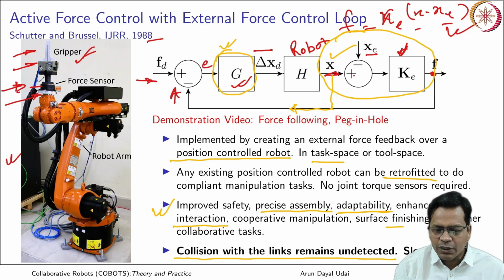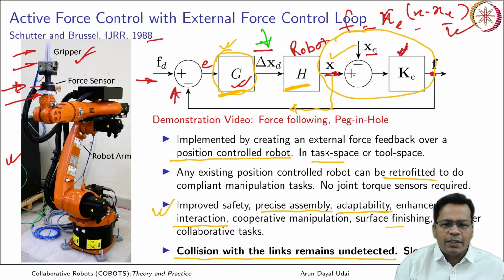You have position control which is inbuilt to the robot, but this force controller remains outside of the robot. So there is continuous communication happening here, and that communication and doing this closed loop has some latency. That is the reason such control is very slow. It is not in real time.